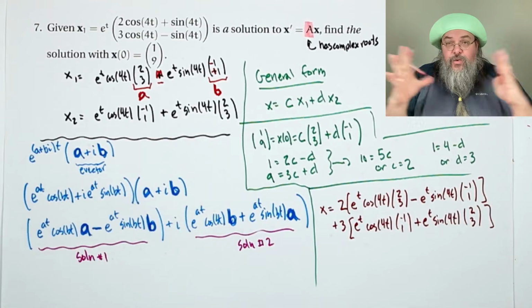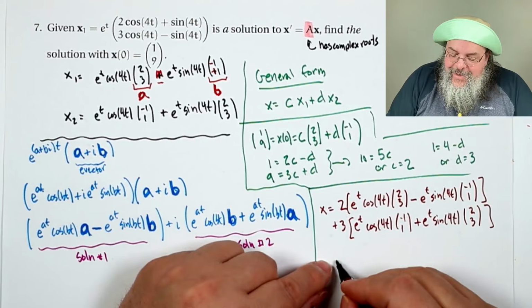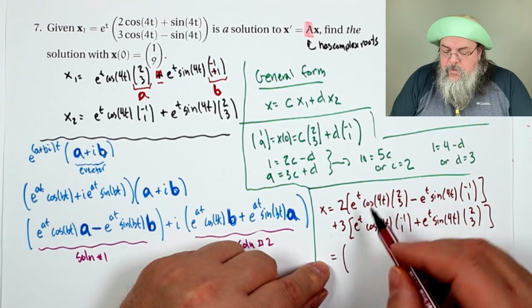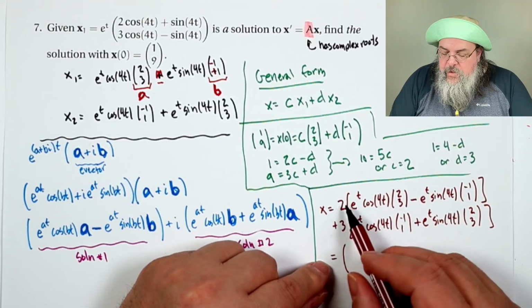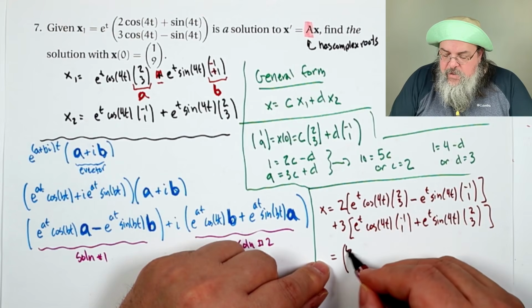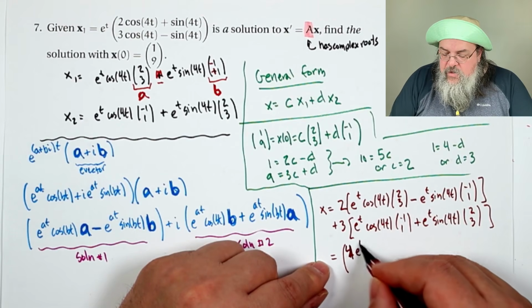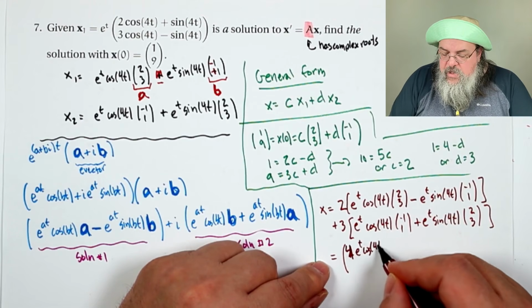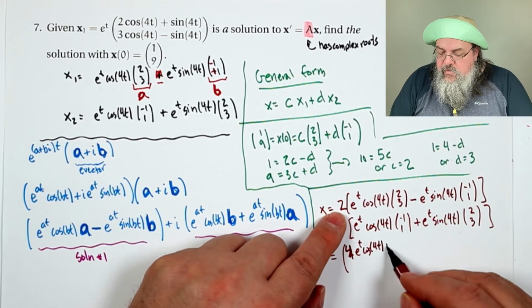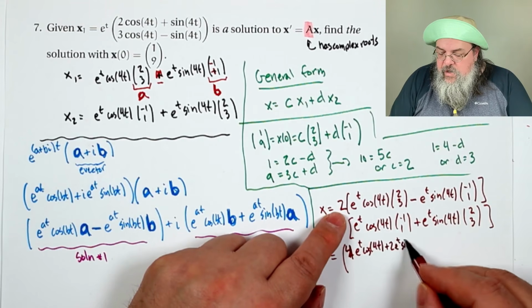And we can just squish it all together. And if we do that, what do we have? We'll work our way on the top. We get 2 times 2, so we should put that as 4. 4 e to the t cosine 4t. Here, minus 2 times minus 1 makes a plus 2 e to the t sine 4t.